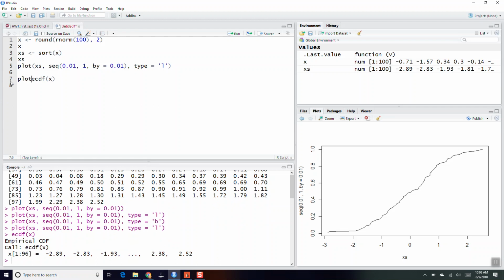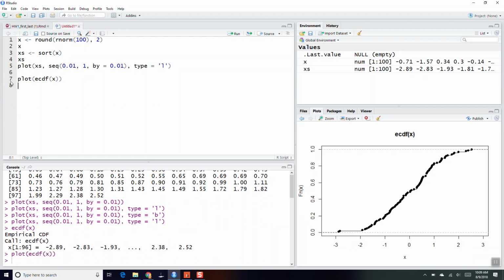And all you do is you ask it to plot the empirical CDF, and this produces pretty much the same plot, except just with slightly different stylings. It puts little dots on.